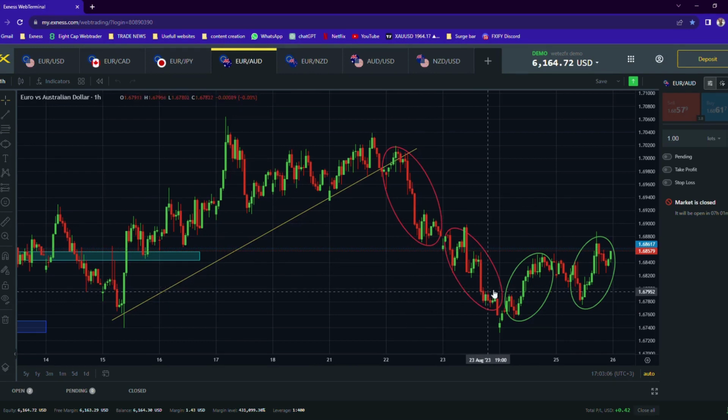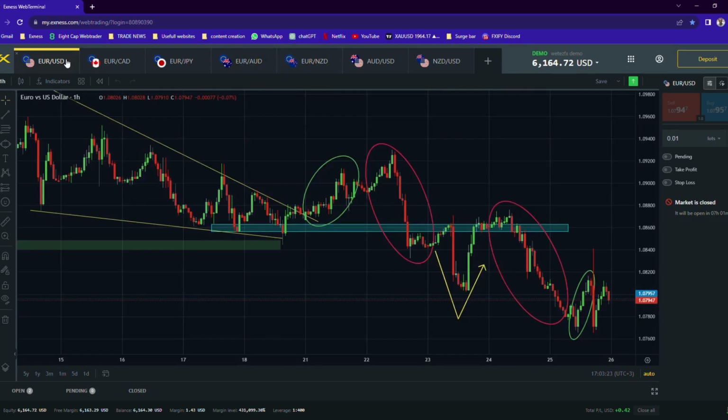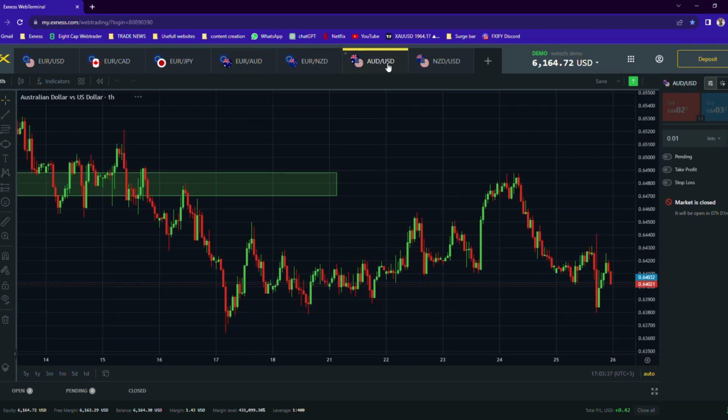But on 23rd, the market on the pairs Euro AUD and New Zealand were not able to make a retracement back, but the retracement was seen on the following day, which is 24th, on these two pairs. And you check in here on Euro USD, the market was just pushing to the downward side on 24th. Now on this day, both the base currencies of New Zealand and AUD, if you look here, were pushing to the downward side.